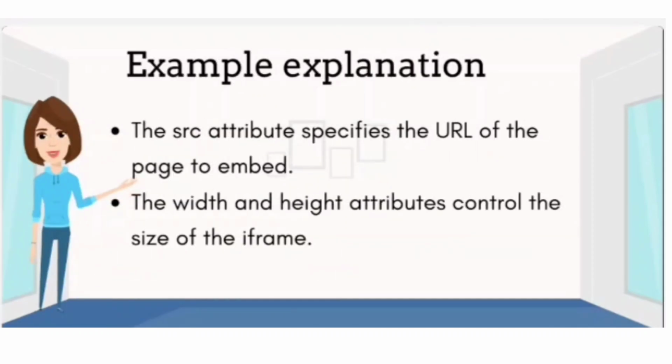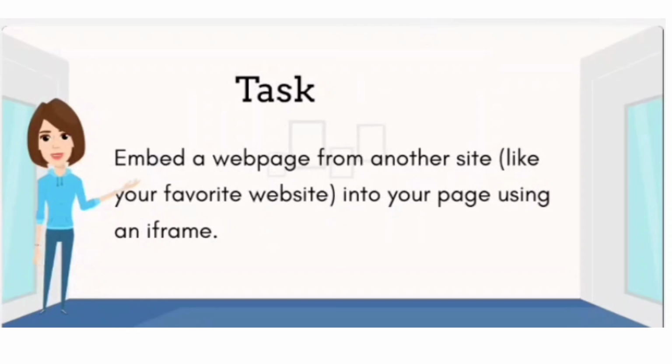Example explanation. The src attribute specifies the URL of the page to embed. The width and height attributes control the size of the iframe. Create a task like embed a web page from another site, like your favorite website, into your page using an iframe.